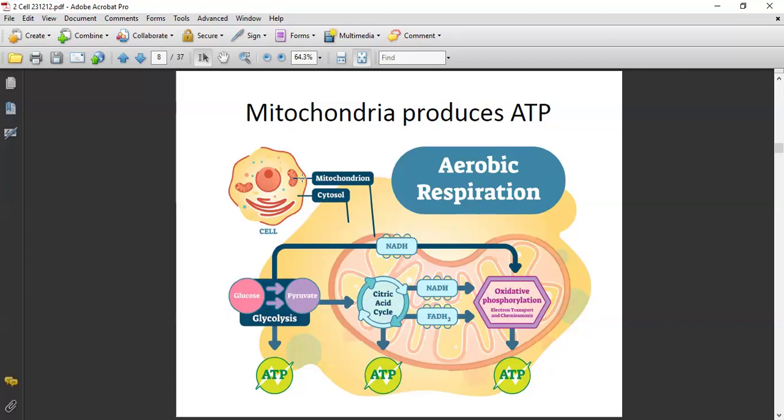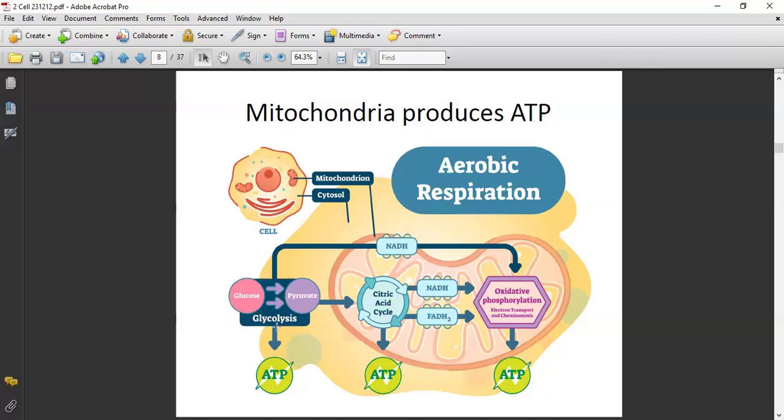So this is a cell, that's a mitochondria. You will breathe in oxygen, you will eat and digest, and you produce glucose. In the cell, before the glucose gets into the mitochondria, our cell can conduct glycolysis.